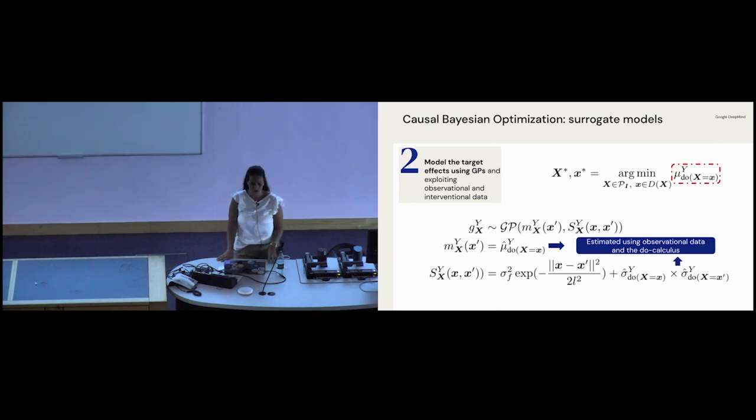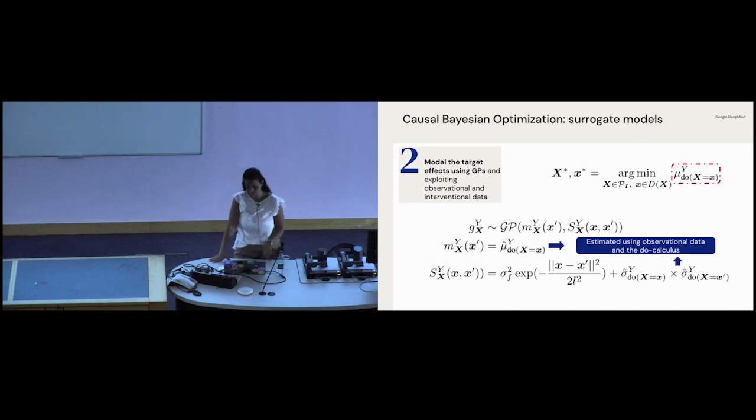So what we can do, as in standard Bayesian optimization, and to keep the tractability of the problem, is put a Gaussian process on this function, g of yx, with a specific mean and a kernel, m of yx and s of yx.